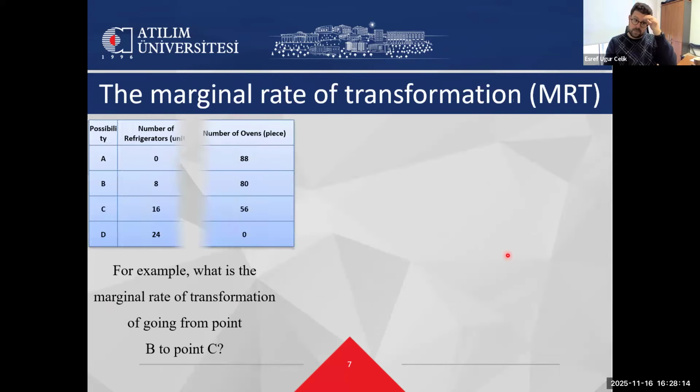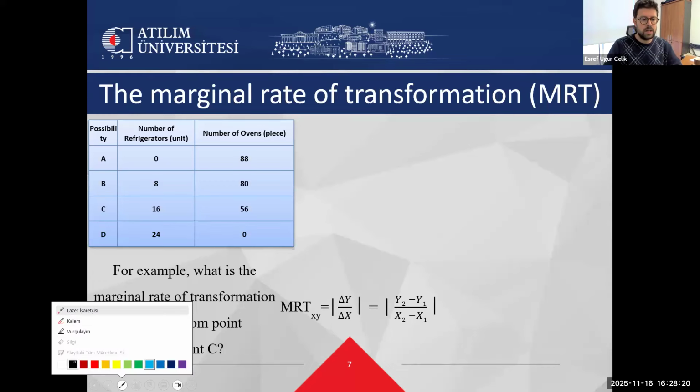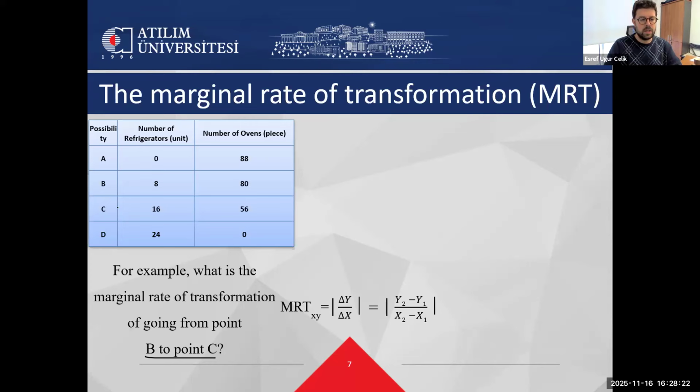Delta means change, okay? But don't forget, absolute terms. Okay, let's do an example. This time the question asks B to C. So we move B to C. For moving B to C, there is an 8 increase for the refrigerator. For getting 8 refrigerators, we give up 24 units of ovens.